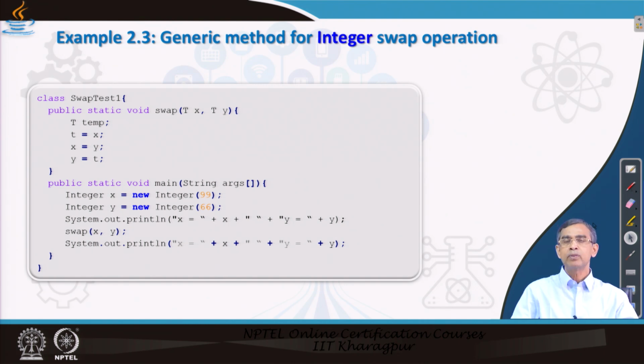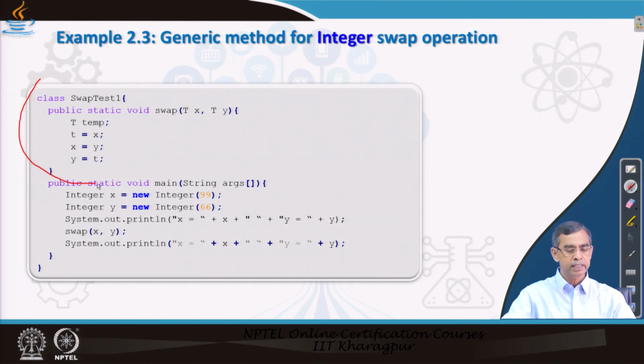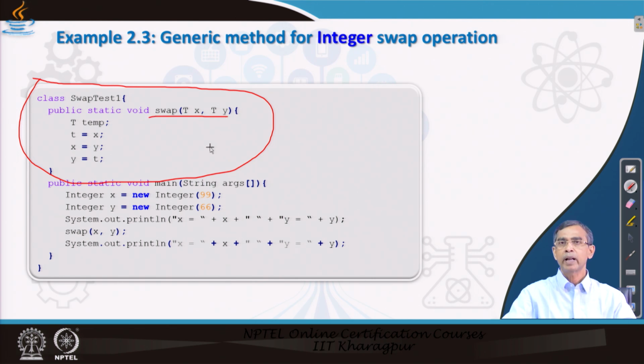Now, here I just want to give another quick recapitulation of the swap operation for different values. We can define the swap method generically. This is the generic declaration of the method swap, and once I do it then I can call the swap method for any type of value.